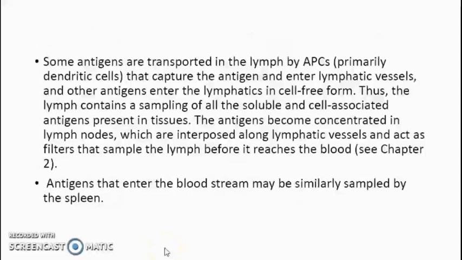Some antigens are transported in the lymph by antigen-presenting cells, primarily dendritic cells, that capture the antigen and enter lymphatic vessels, and other antigens enter the lymphatics in cell-free form. Thus, the lymph contains a sampling of all the soluble and cell-associated antigens present in tissue.